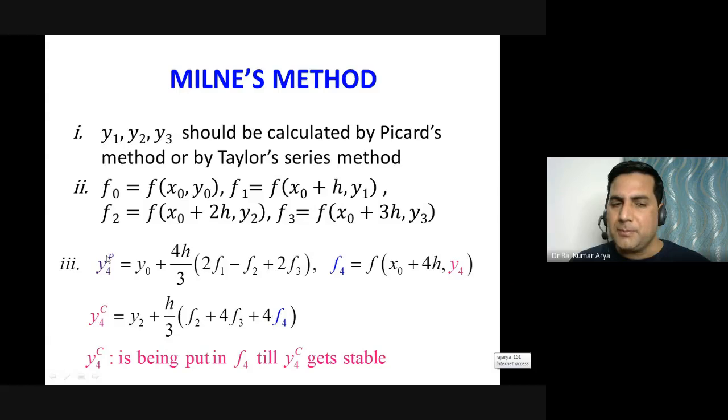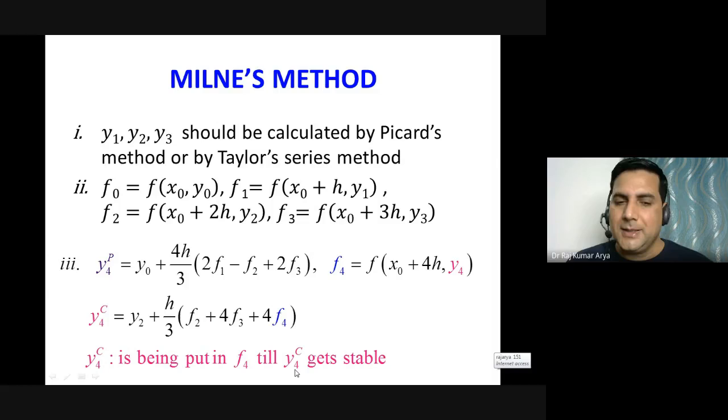First you substitute the predicted value to get f4, and you calculate yc. Now this yc is substituted back into f4, and you get y4 again. So there is a loop between f4 and yc, and you keep going till you get a stable value of y4.